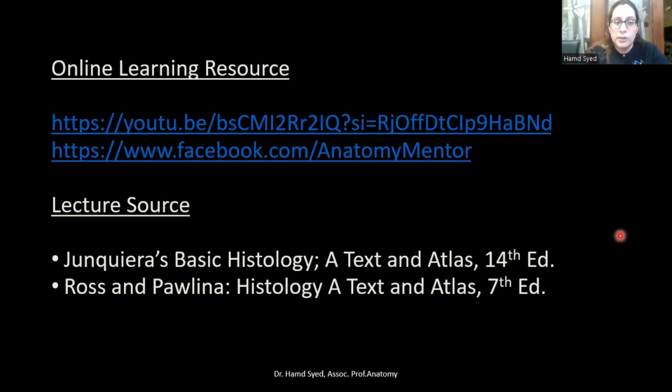Okay, so this concludes today's discussion on the plasma membrane. And I hope this was interesting for you, and you got the important concepts related to the appearance of plasma membrane in a light microscope, then the appearance under the electron microscope, and then, of course, the molecular constituents, which is the fluid mosaic model.